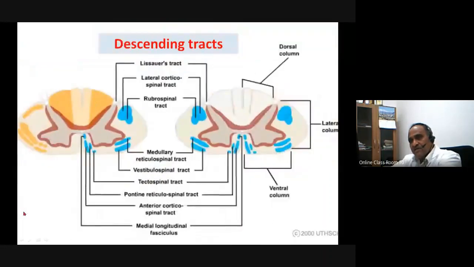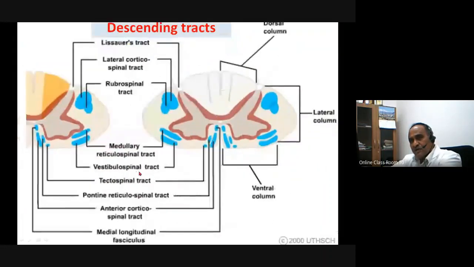So this is the lateral corticospinal tract. Then you have a small one called the rubrospinal tract. Rubro is the red nucleus to the spinal cord, so rubrospinal is from the midbrain. The red nucleus is a midbrain structure, and that also sends information for motor activity.